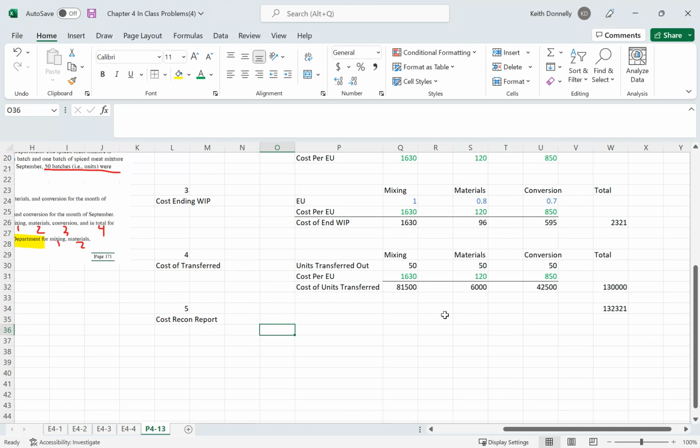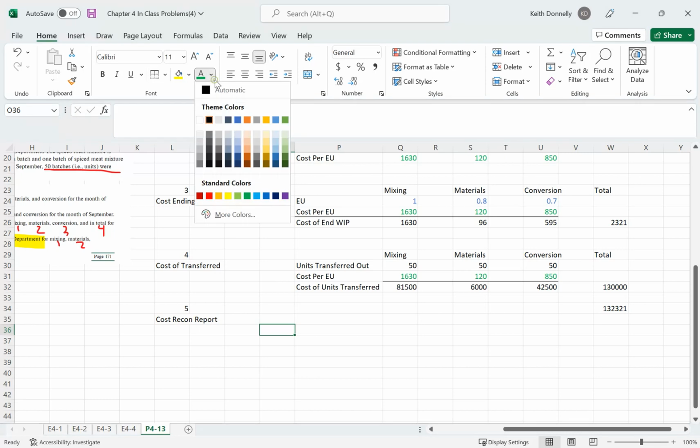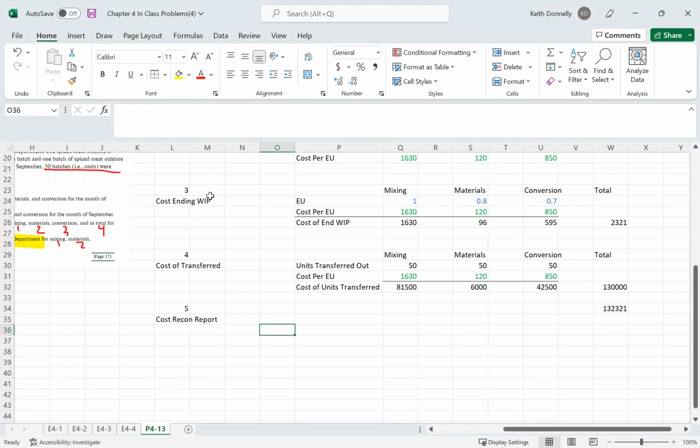And the idea with it is, let's make this red, we're going to have our costs to be accounted for.